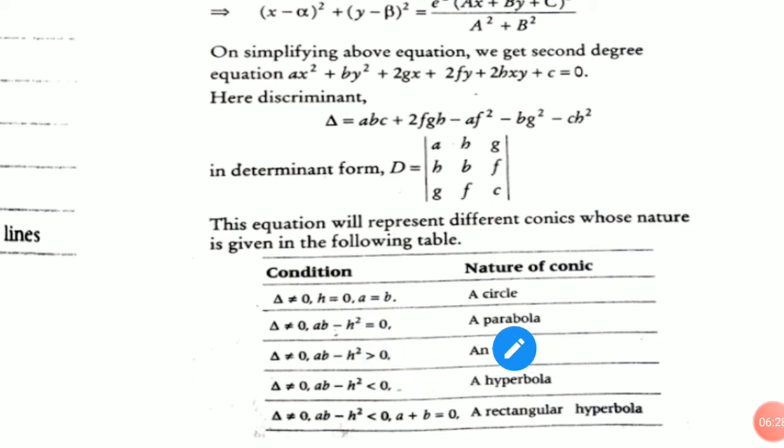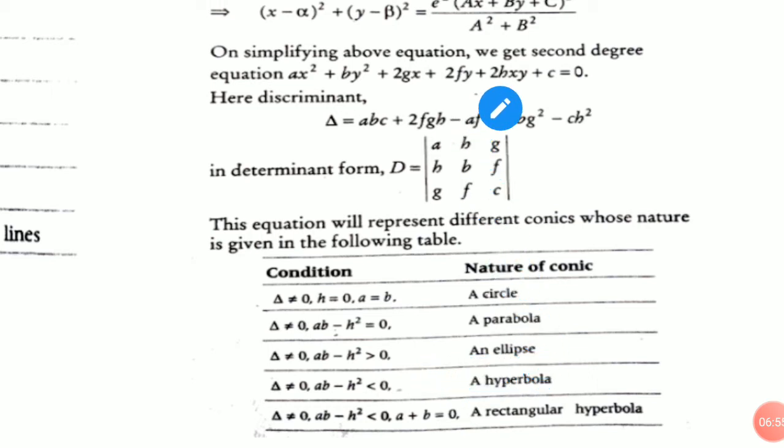What is the condition for a parabola? The determinant is again not equal to 0, and if ab minus h square is equal to 0, then the equation is for a parabola. What is the condition for an ellipse? Again delta is not equal to 0 and ab minus h square should be greater than 0.